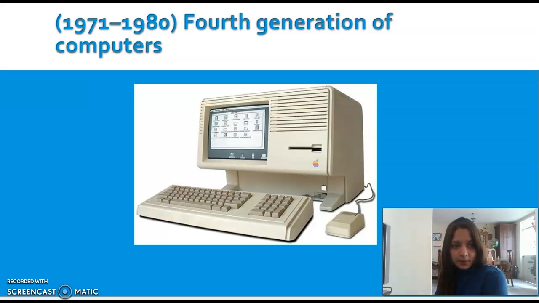This generation of computers was characterized by great technological advances made in a very short time. In 1977, the first microcomputers appeared, among which the most famous were those manufactured by Apple Computer.